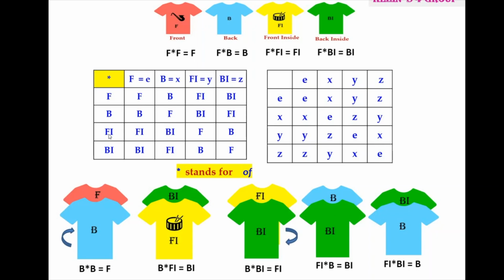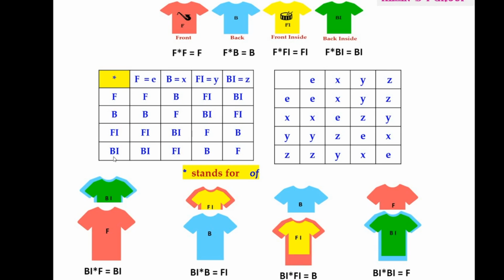Now front inside of front inside will be F only. The next one, you want the front inside of the back inside. Again it will go back, so you will get that to be B.